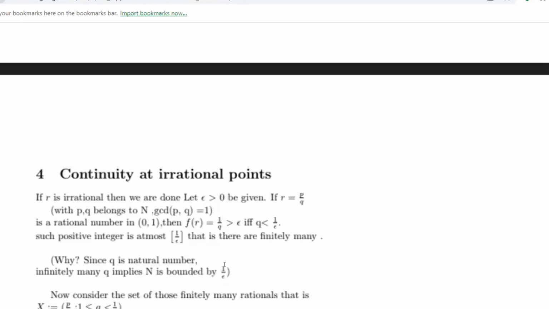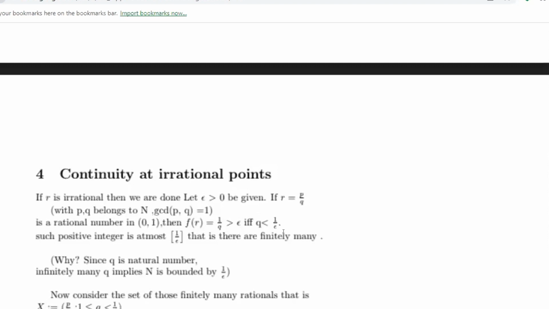But we know that the natural numbers are not bounded above. So only finitely many q satisfy this. The idea here is that for those rationals whose image 1 by q is less than epsilon, I don't have to do anything.